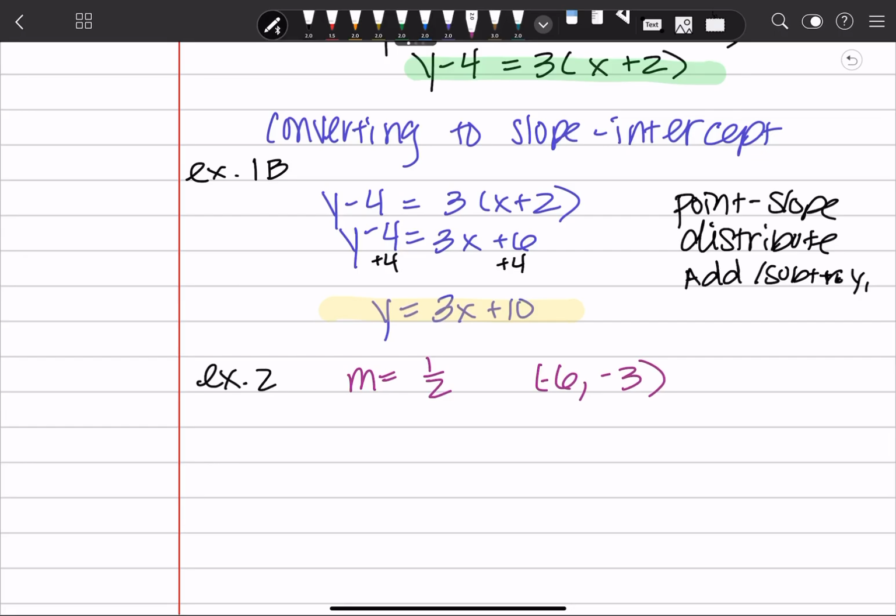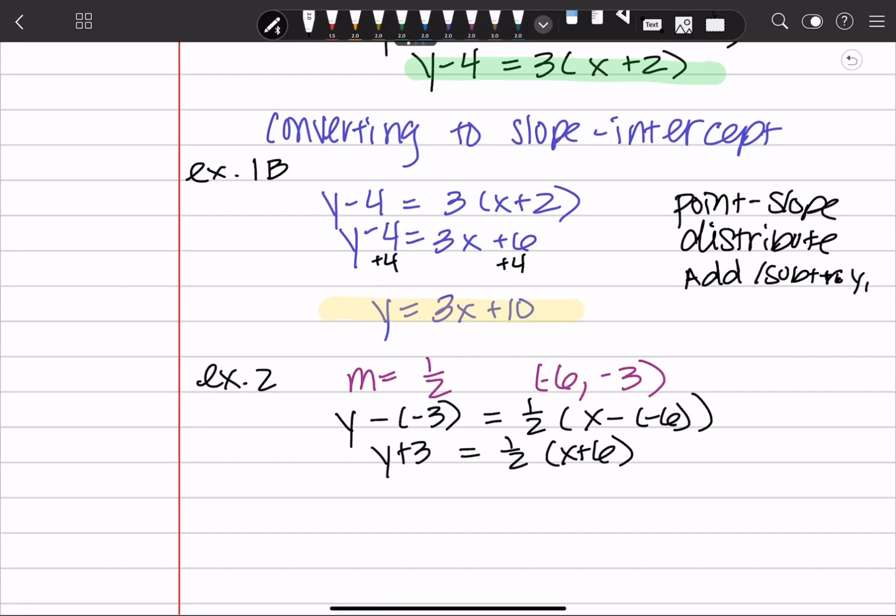So first thing we've got to do, drop it in point slope. So we get y minus a -3 equals m, which is our 1/2, times x minus a -6. All right, so this is y plus 3 equals 1/2 times x plus 6.